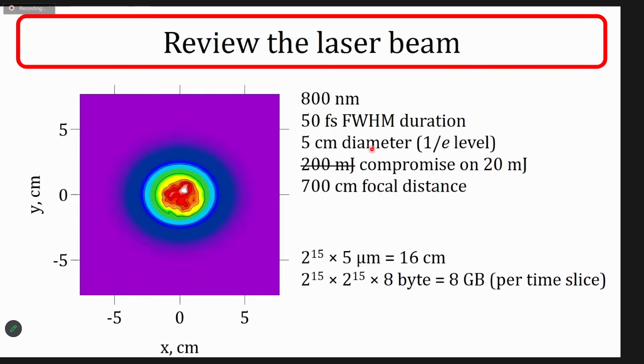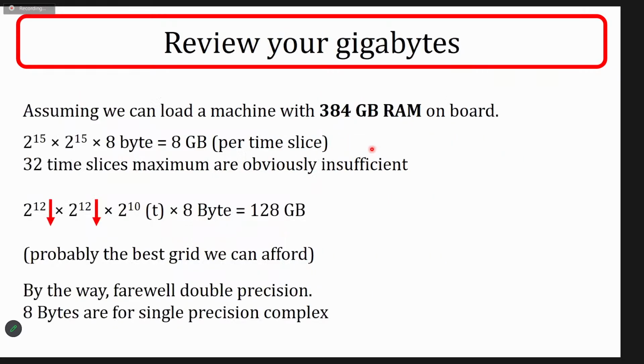That's quite a lot. And the next question is, how many gigabytes do we have? Currently we can have a machine with almost 400 gigabytes. Actually, it's just behind me if you look at my camera.